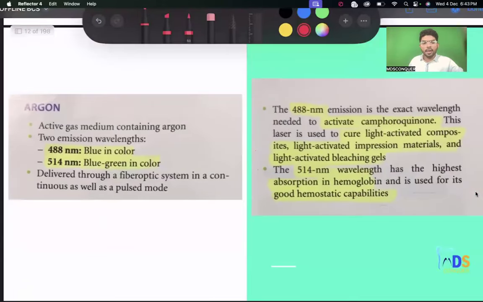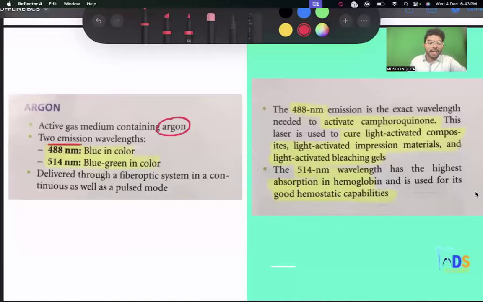Then comes the only laser where UGs are allowed to touch. Which laser? Yes, the composite curing laser, the argon laser. It has argon gas and two emitted wavelengths.